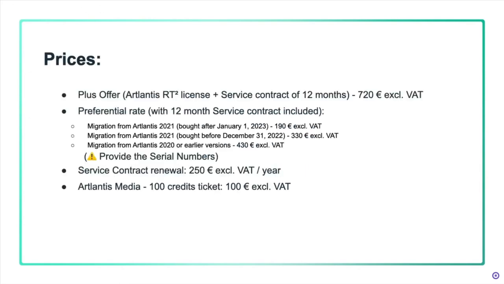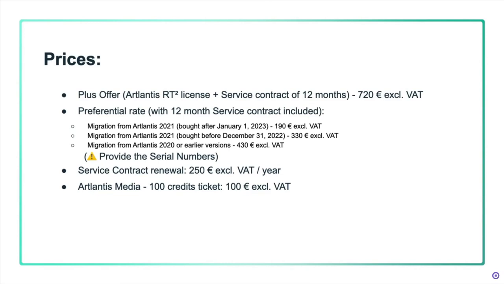Today is a big day for us as we kick off the international release of Artlantis RT and say goodbye to the old Artlantis versions. It's time for a fresh start. First of all, let me tell you the details for the price. With Artlantis RT, we are introducing the Plus offer, a lifetime license with a 12-month service contract.